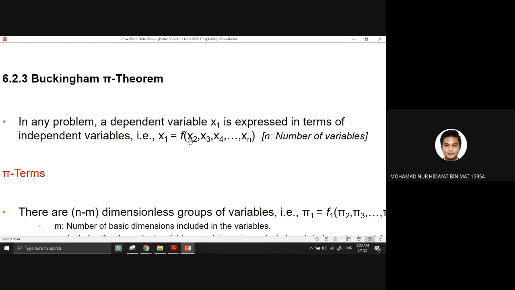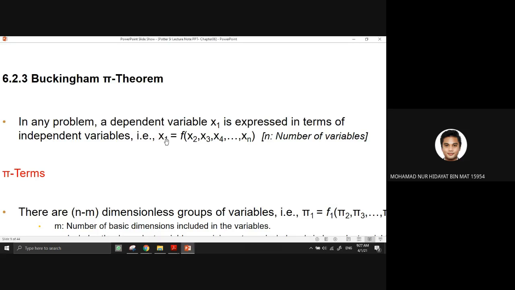For example, the linear equation y equals mx plus c. Another equation, y equals ax squared plus bx plus c. Remember the quadratic equation. So this is basically the general equation, by using this Buckingham pi theorem.